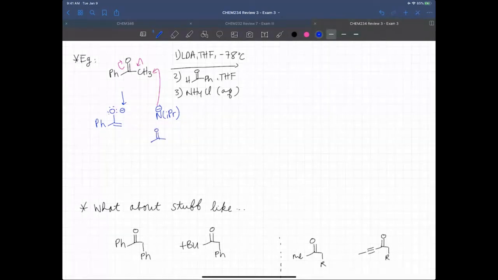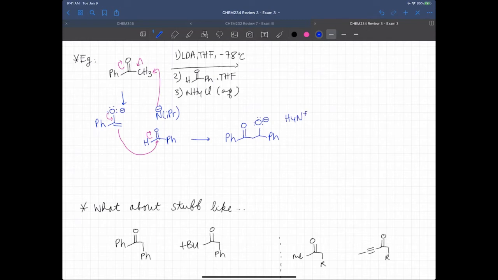Because this is just a really simple one, we don't really have to care about the stereochemistry yet. Then I get this. And then the last step is just an acidic workup. Grab a proton here, and what I finish with is my final product.